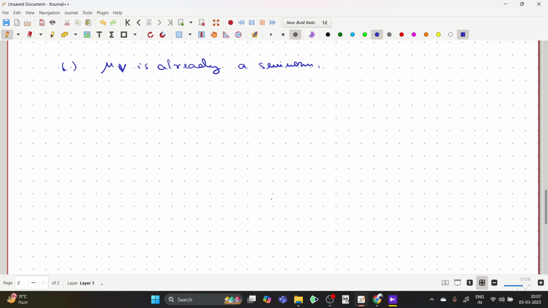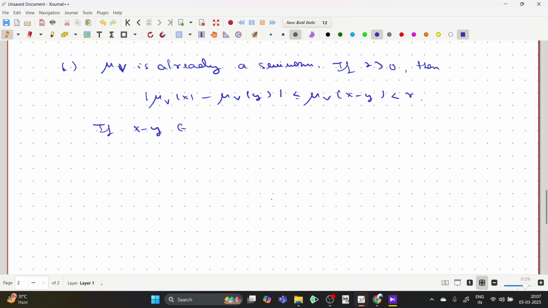Why is it so? See, if r is greater than 0, then mu V of x minus mu V of y is less than or equal to mu V of x minus y, and this is less than r, if x minus y is in rV.